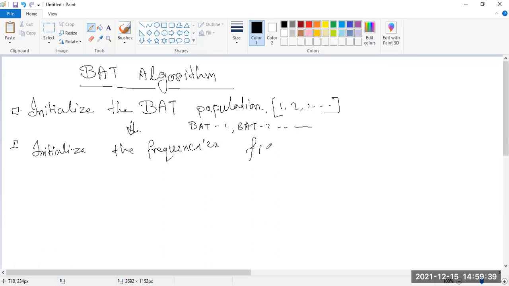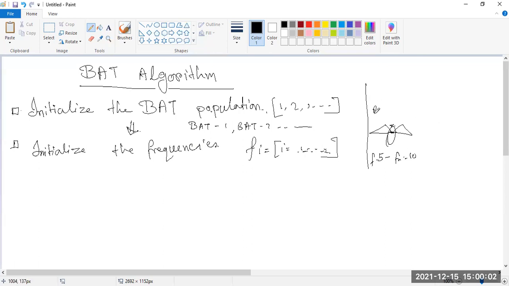Actually, there is some limited frequency. Say bat 1 has a minimum and maximum frequency. Say the minimum frequency is 5 and the maximum frequency is 10.